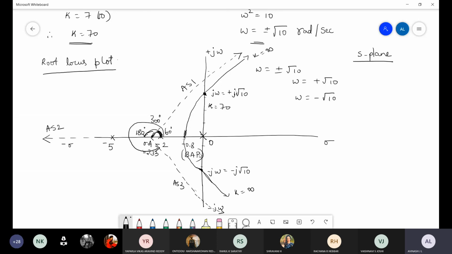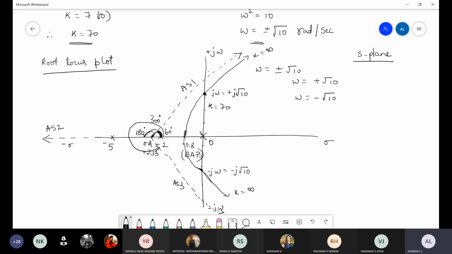When k is 70, the root locus lies on the left-hand side. If k is greater than 70, the root locus goes to the right-hand side. Clear? This is exactly the concept.